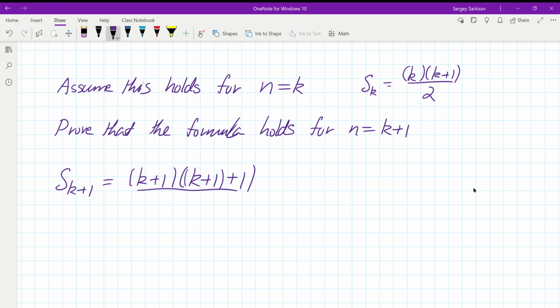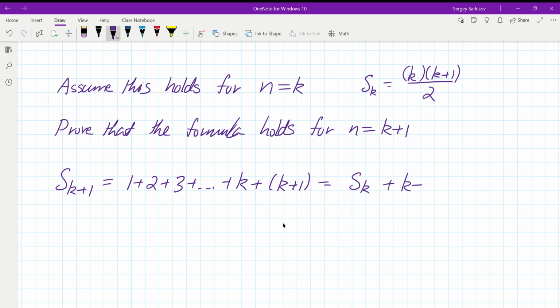I'll erase this in a moment. If we can do that, we're good, right? Because this is exactly what we're trying to show, substituting k plus 1 into the formula, and it still works. So let's check it out. What it really means is the sum of the integers 1, 2, 3, all the way to k, and then also that last one, k plus 1 now. Well, the first k is actually S_k, and then plus that k plus 1 at the very end.